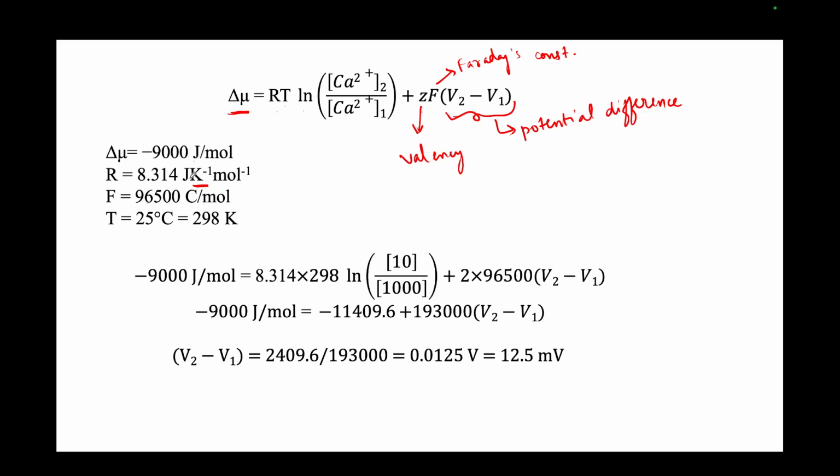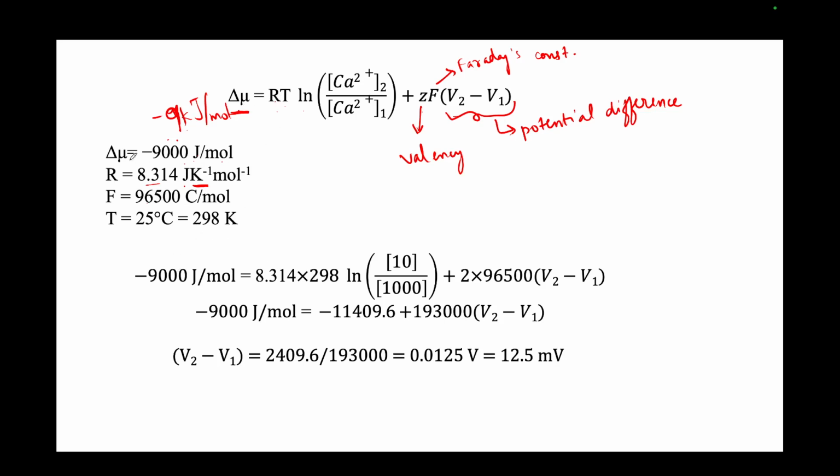So, if this is joule and this is joule, then it is fine. If this was given as, let us say, minus 9 kilojoules per mole, then I would have to convert it into joules per mole, and only then can I use this value of R with this value of delta mu. Everything should be in the same unit.